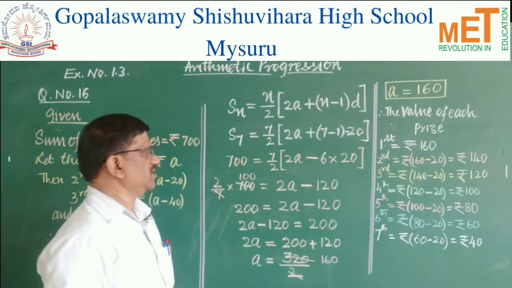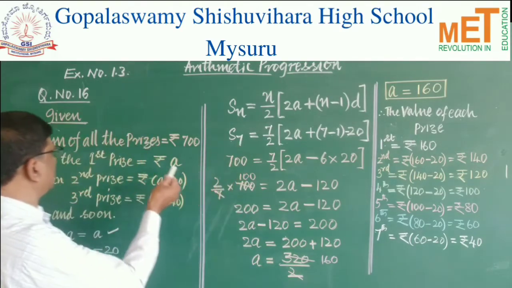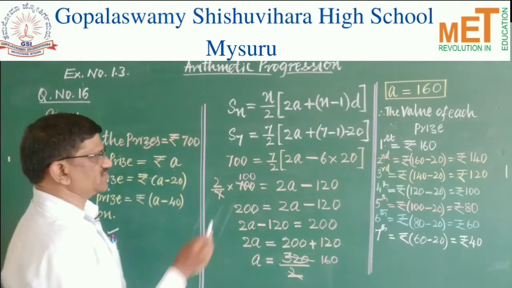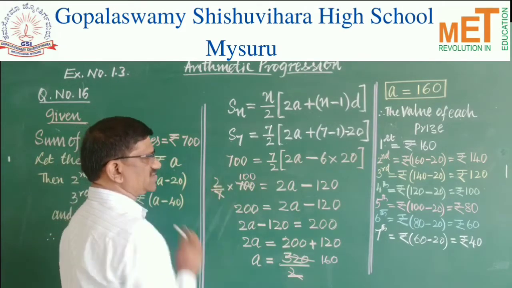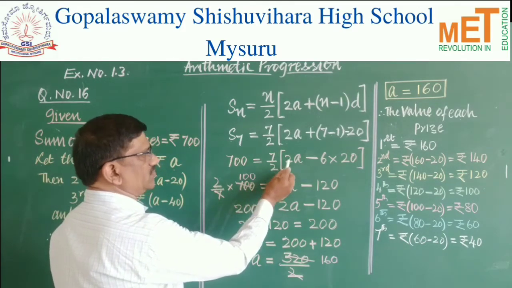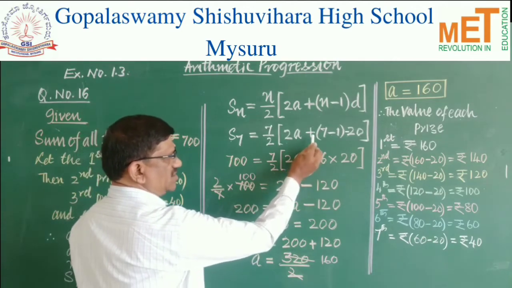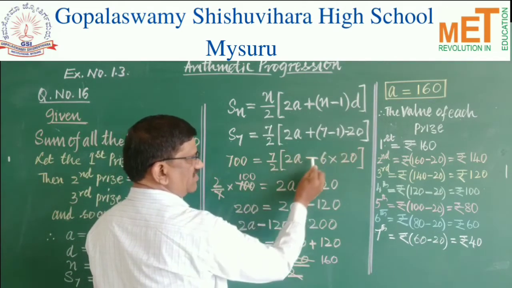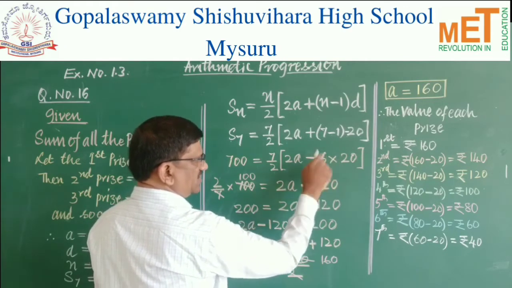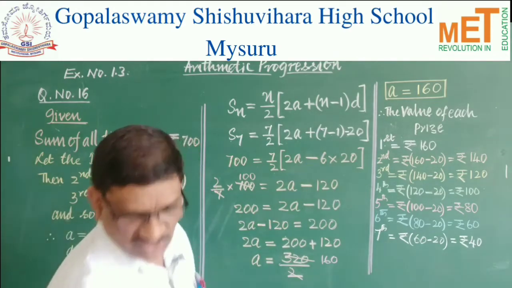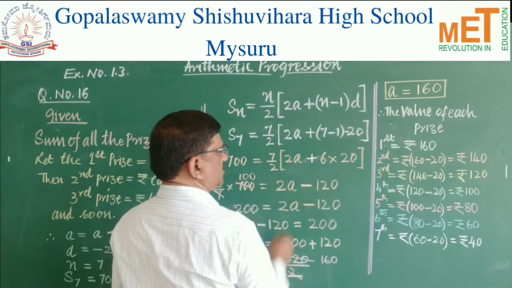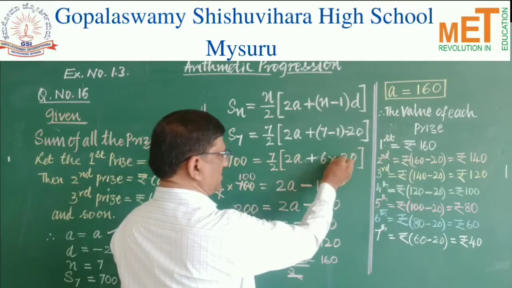Understood, children? So S7, which is nothing but the sum of all the prizes, is equal to rupees 700. So in place of S7 we write 700 is equal to 7 by 2 into 2a, plus into minus is minus, 7 minus 1 is 6, into 20. Or else, if you want, you can also write this as plus 6 into minus 20.